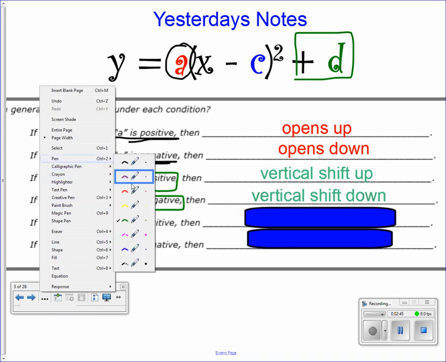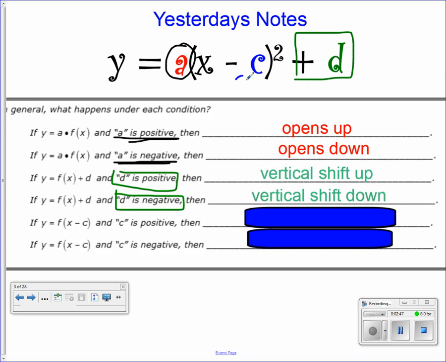Now let's look at the c value, which we saw right here. This value was a little tricky because of what happens when we plug in the number. If I plug in a positive number into c right here, I'll get x minus, that's the part of our formula.